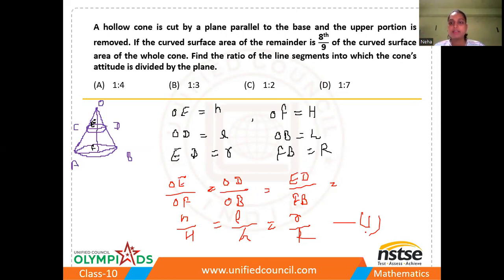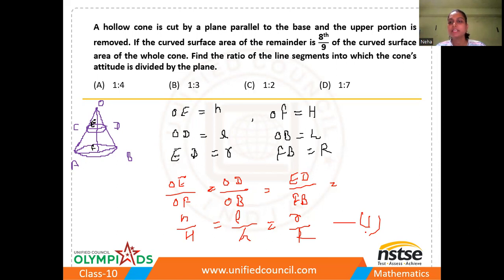Correct? Now, the curved surface area of the frustum CABD, CABD is your frustum, right? And it is given equal to 8 by 9 of the curved surface area of the cone OAB. This is given in the question, so you can mark it as equation number 2. Clear?